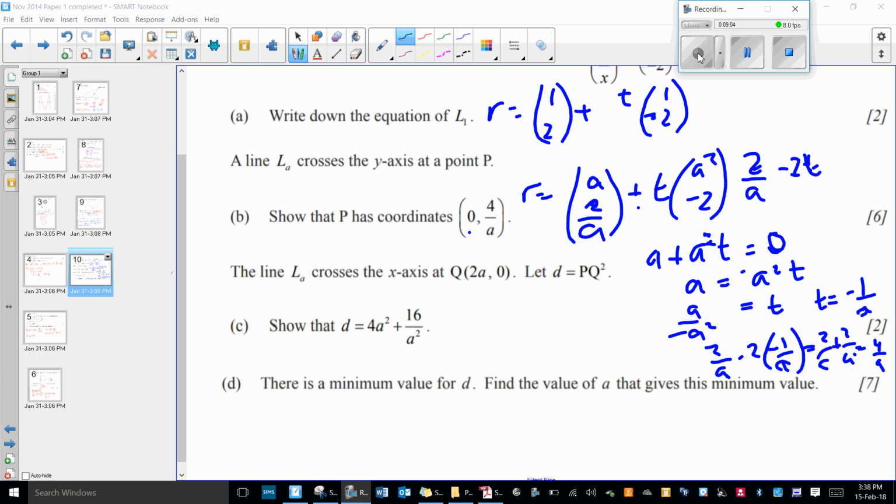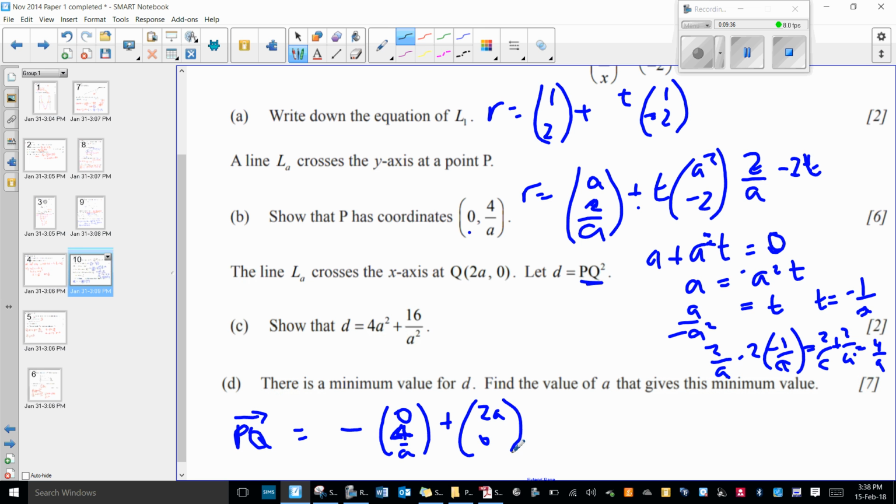So if we now know P and Q, and we're talking about PQ squared, we're trying to find the vector from P to Q. For position vectors we go the opposite of P, so that's minus (0, 4 over a), and then plus Q, so that's (2a, 0).